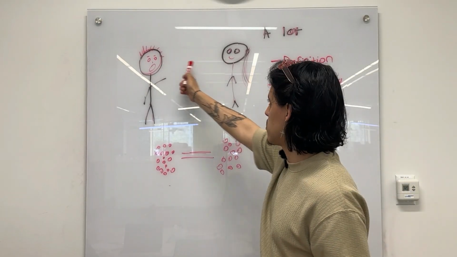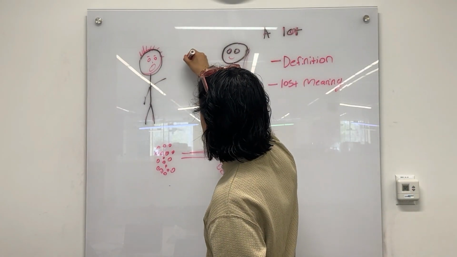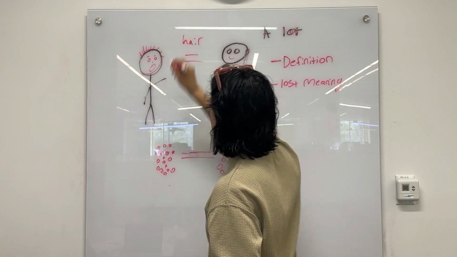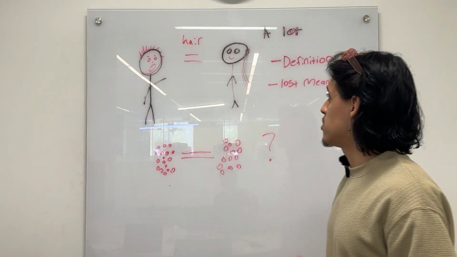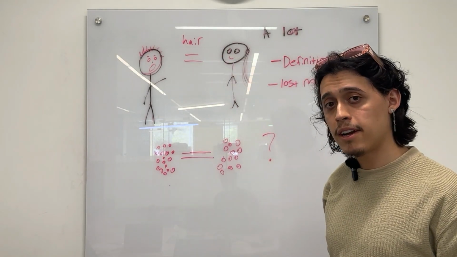If Charlie tells Sarah, wow, me and you both have a lot of hair, there's an equivalence relation between hair. Are we required to specify how many pieces of hair?